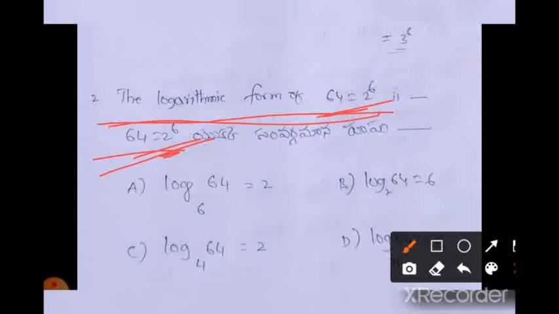The base will again be the base of the logarithm. In these 4 options A, B, C, D, only one has base 2, so maybe this is the correct answer. The 2 will be the base and the power will go to the other side of the equal sign, and 64 will settle here.